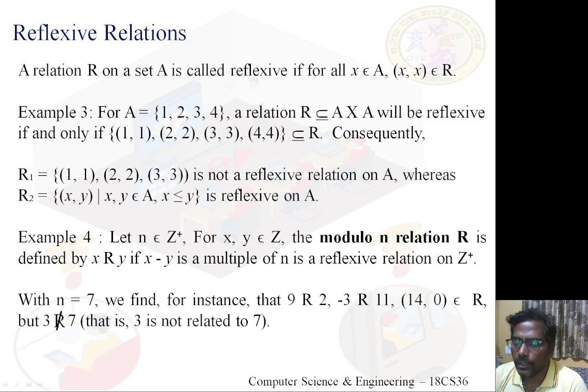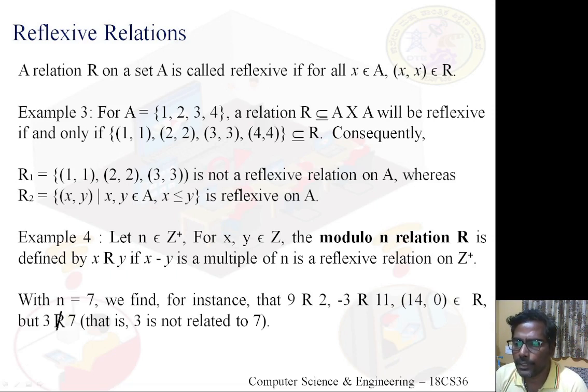There are 4 properties of relations, such as reflexive, symmetric, transitive, and antisymmetric.